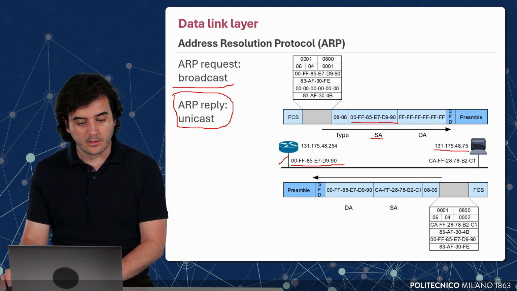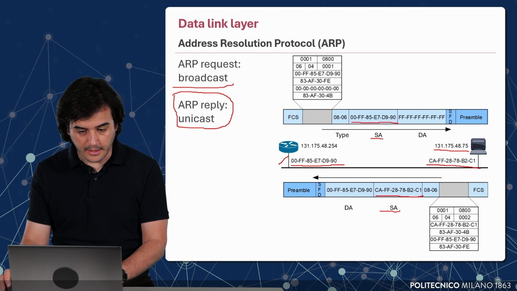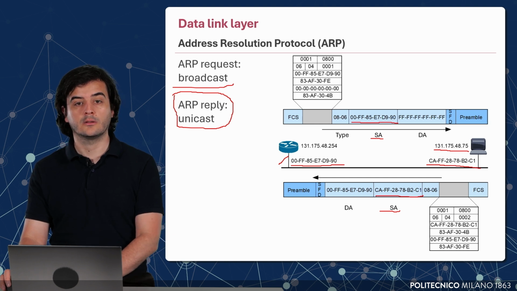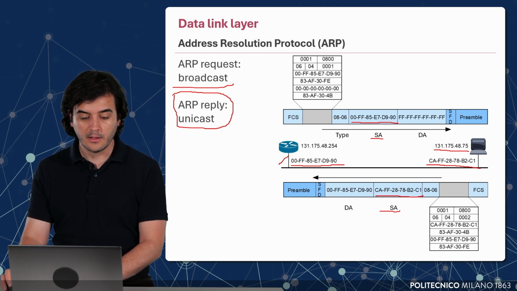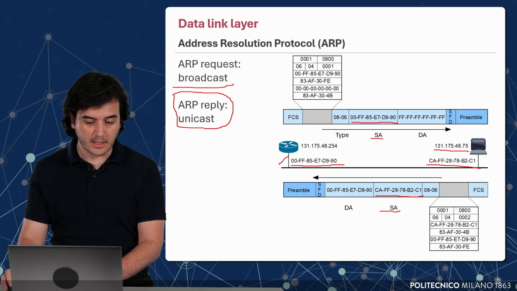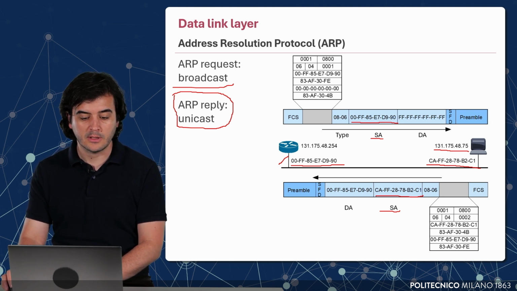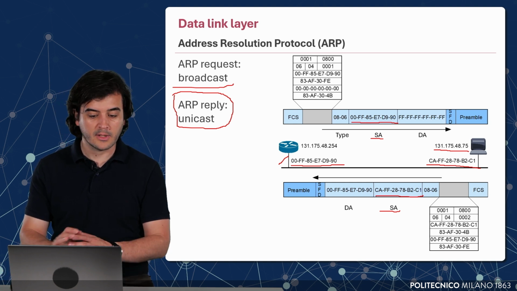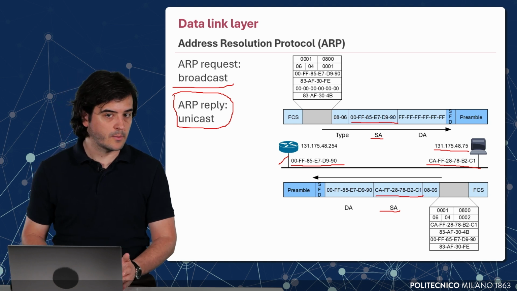In this case, it puts as the source address, SA, the MAC address of its own. So the MAC address of the equipment which is responding matches the source address. Keep in mind that now the destination address exactly matches the address of the router.